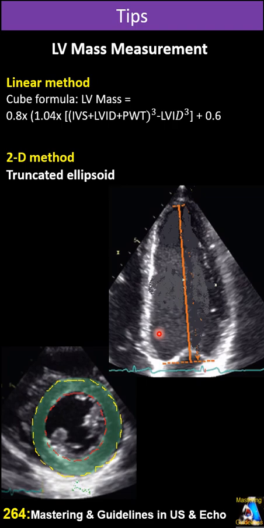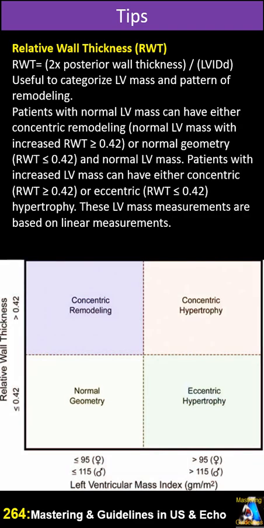For 3D, there is an option. We measure outer, inner, and PLAX options, then the machine calculates left ventricular mass for us. For categorizing left ventricular mass and hypertrophy, we can use the parameter of relative wall thickness. For that purpose, we measure the posterior wall, multiply by 2, and divide by the left ventricular internal diameter at diastole.